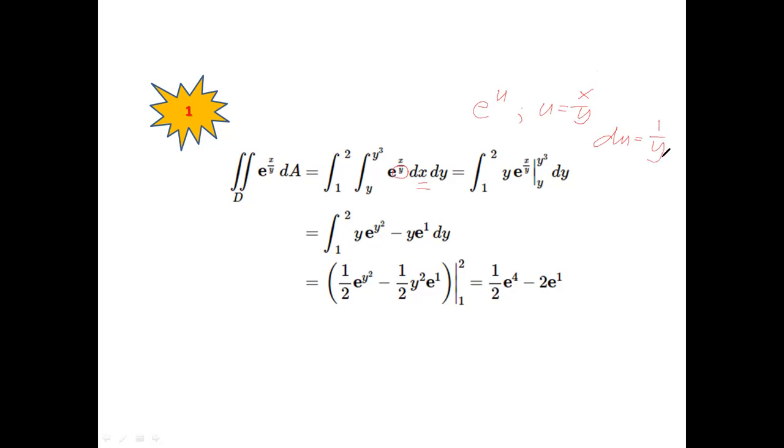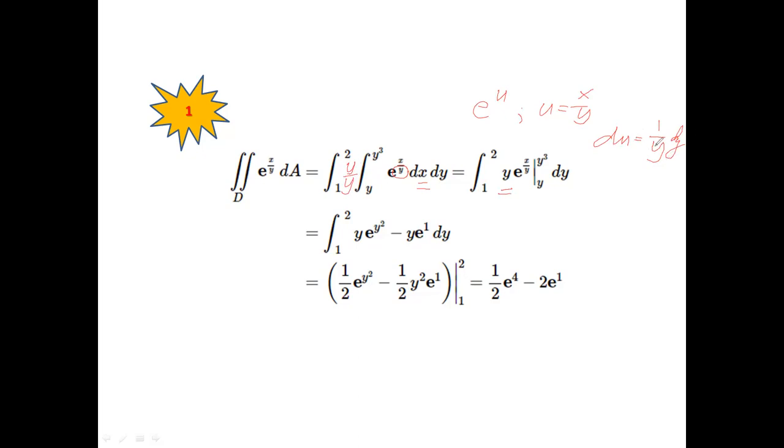Since it's 1 over y, what you do is place before the integral a y over y. That way you can use the 1 over y as your du, and the y is here. By the way, there's a dy here.